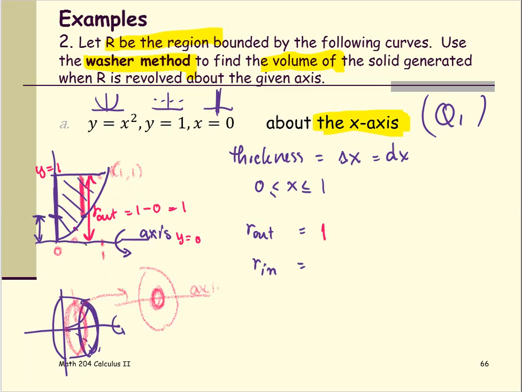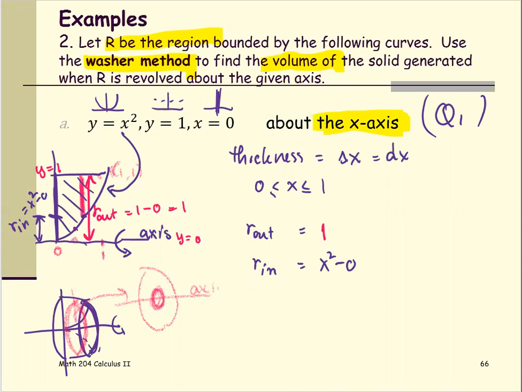And the lowest part, based on the graph y equals x squared, is going to be x squared. This is the R inner: x squared minus 0. So we have the outer radius and the inner radius.